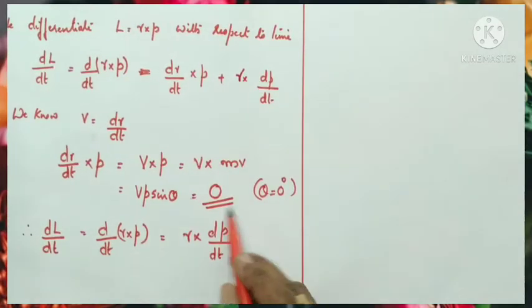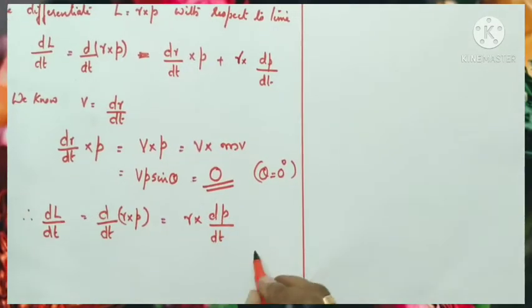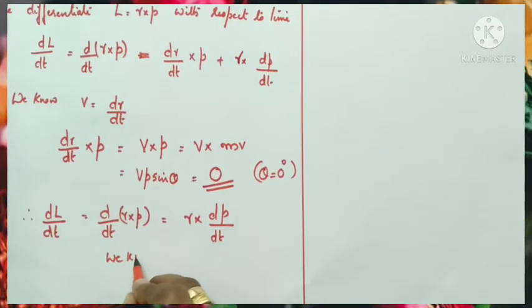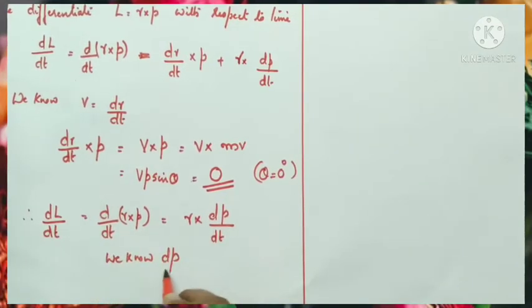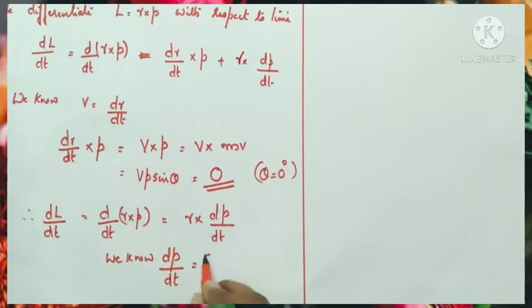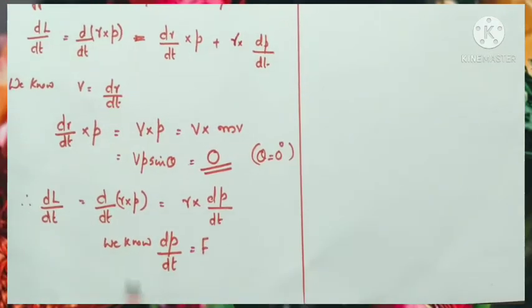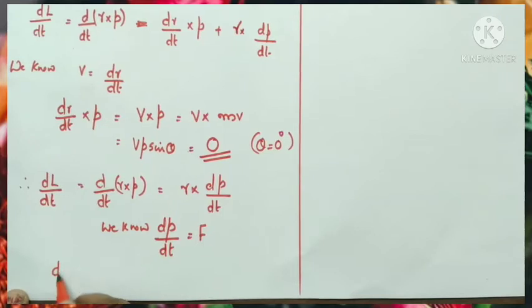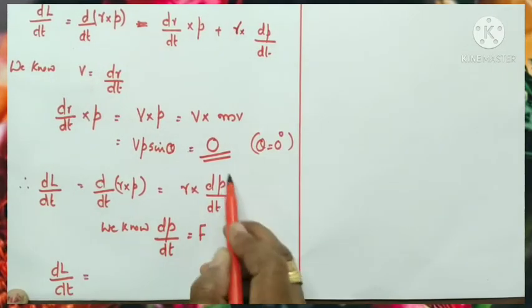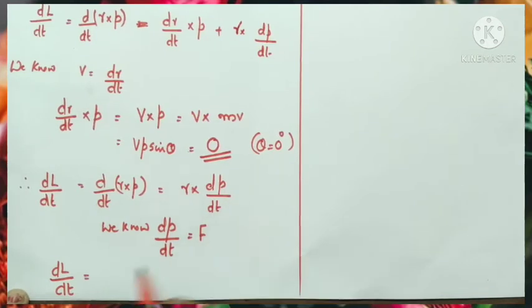And we know dp/dt is the rate of change of momentum. What is this rate of change of momentum? Rate of change of momentum is actually the force, isn't it? Hence we can write the relation dL/dt is equal to r cross dp/dt, but dp/dt is equal to force.